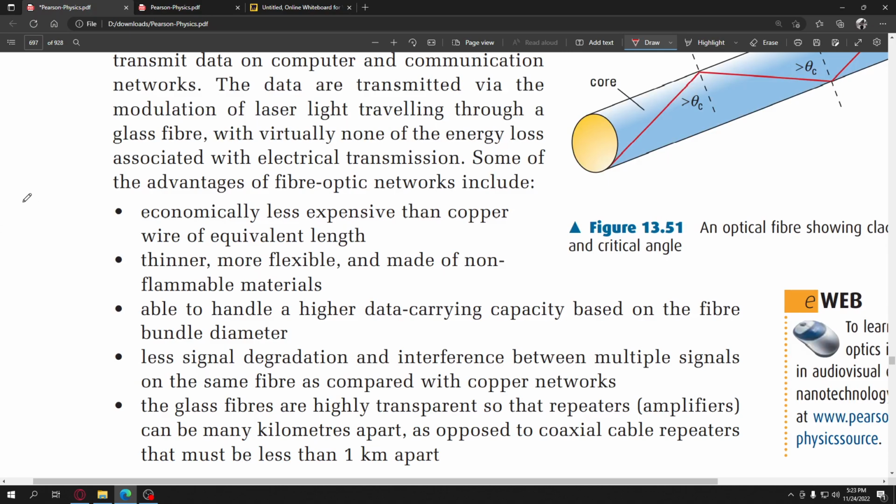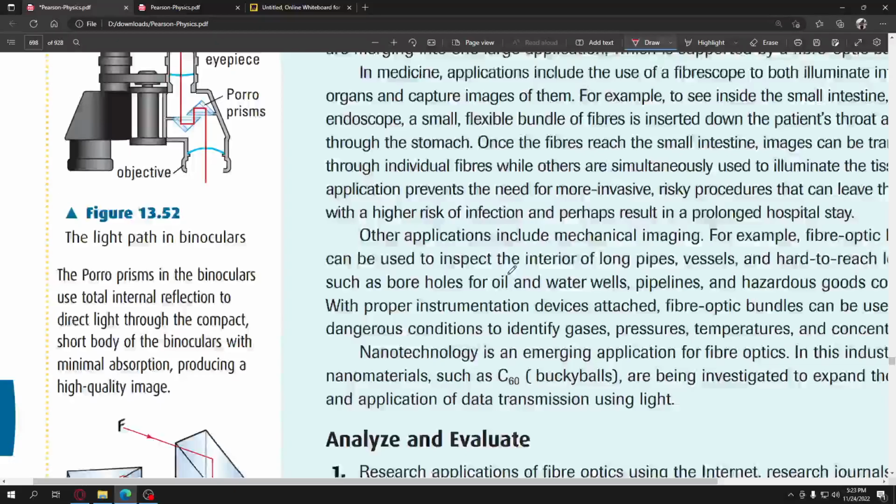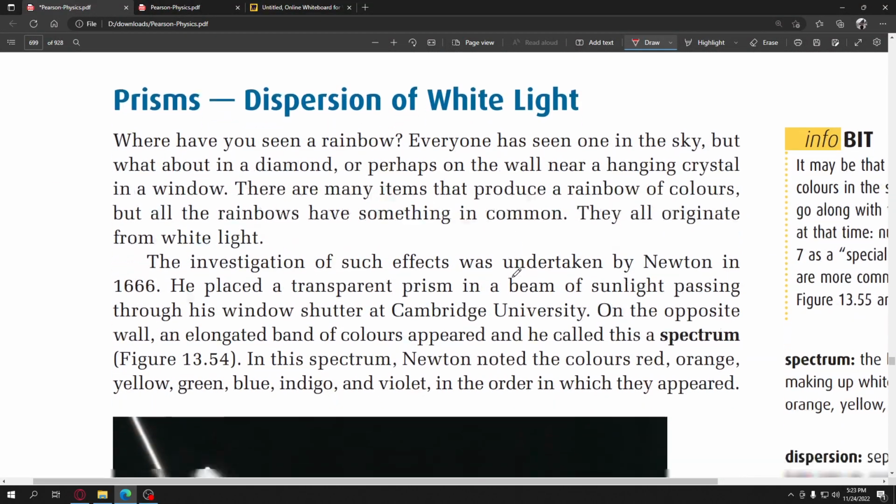These are the use cases. There are also some other uses that you can read up on. And that is basically all about refraction.